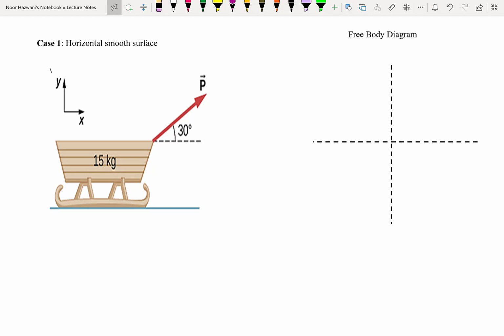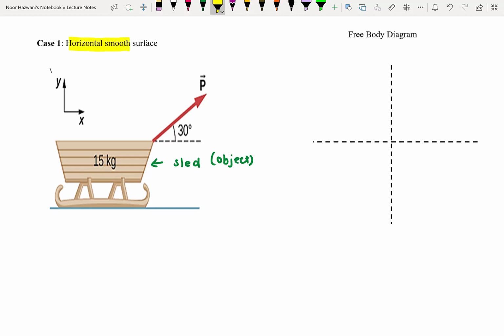In this situation, you can see that we have a slat. So the slat, we treat it as the object for this situation. And then we place the slat on a horizontal smooth surface.